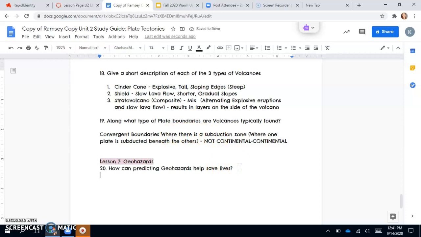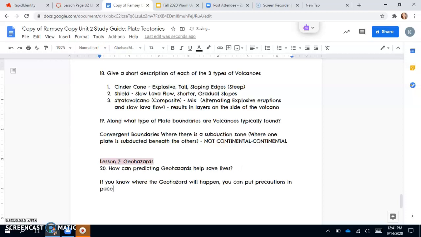And then finally, question 20 says, how can predicting geohazards help save lives? Well, if you know where the geohazard will happen, you can put precautions in place.